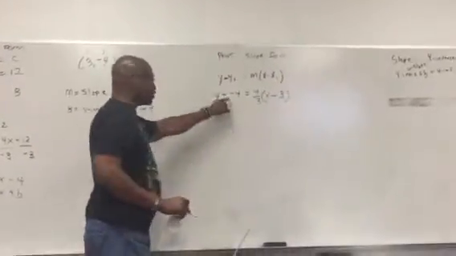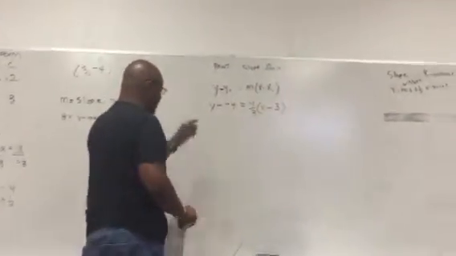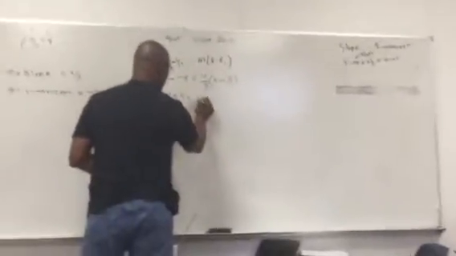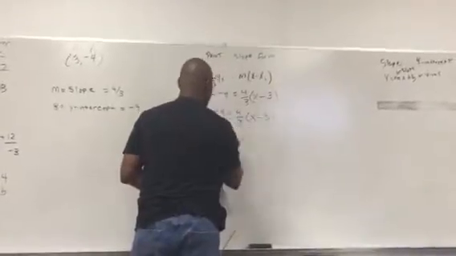Okay, when you have two negatives close together like this, it becomes a plus sign. A negative and a negative is going to be a plus. So this is y plus 4 equals 4/3 times x minus 3.